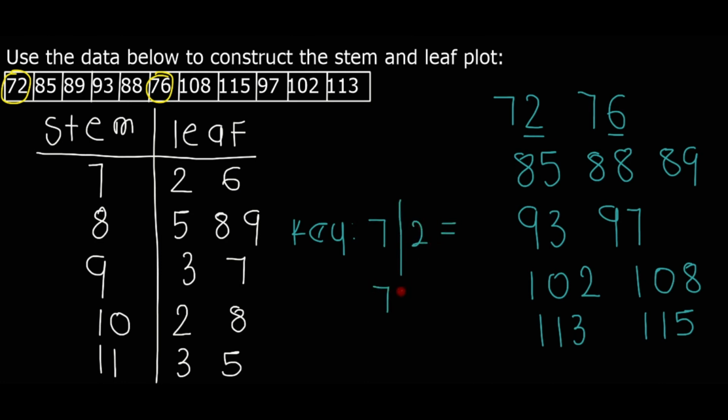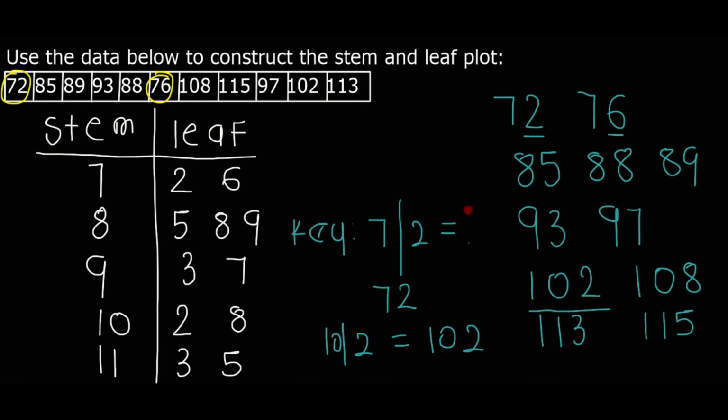So this is 72, and then again we know that 102 does not represent 1.02 or 10.2, so that also is important. It represents 102. So that's it for this one.